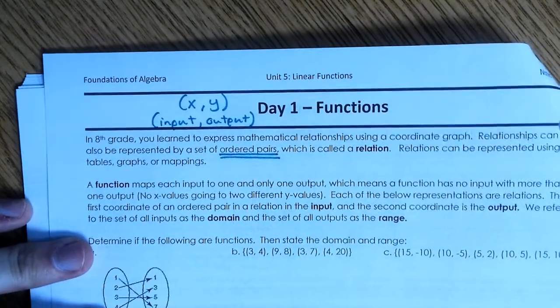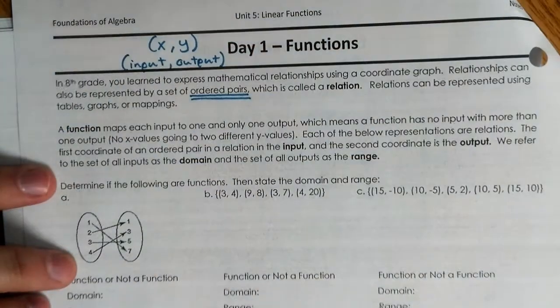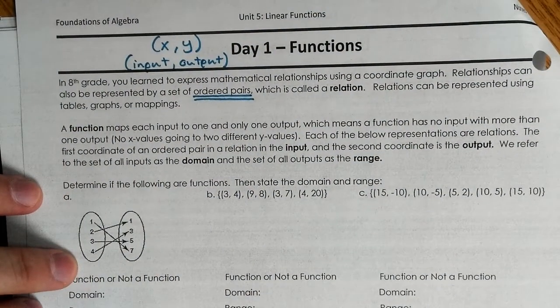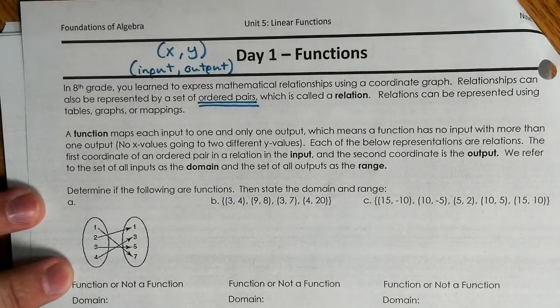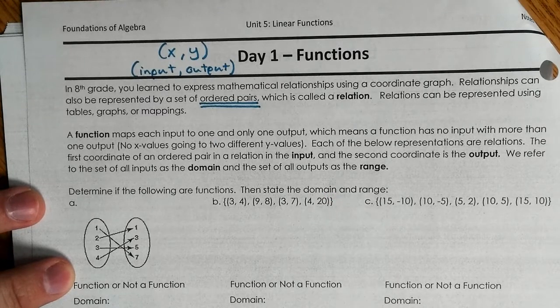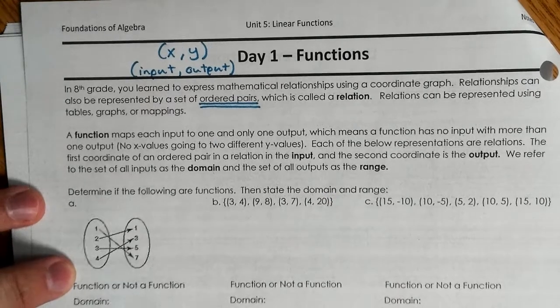Input, output. And that's what this next part talks about. It says a function maps each input to one and only one output. So we got to make sure we write that. Okay?